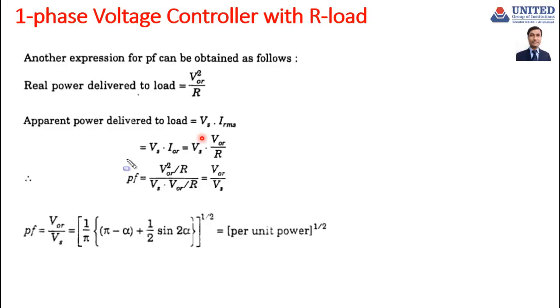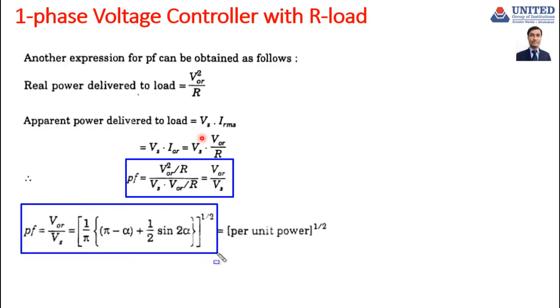So finally we get the power factor is equal to Vo RMS upon Vs. By putting the value of Vo RMS upon Vs, finally we get the power factor by this equation: 1 upon π under root of (π − α + half of sin 2α). This shows the per unit power. So the square root of per unit power will be the power factor.